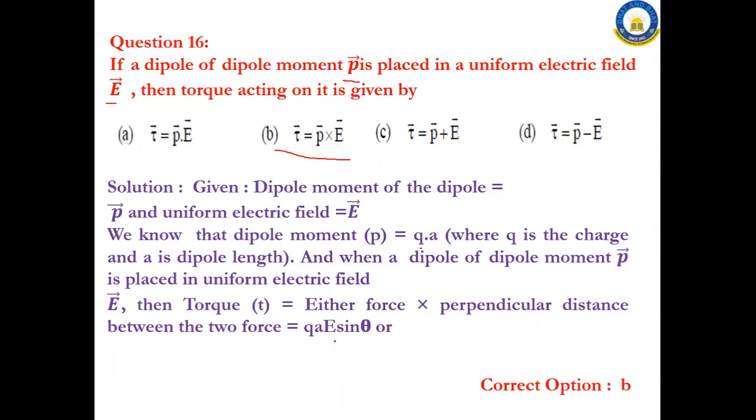For the perpendicular distance we take the component, so we get QAE sine theta, or it is PE sine theta, or it is P cross E. So tau is equal to P cross E.